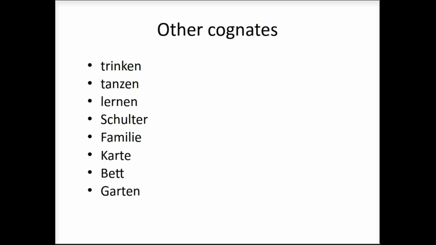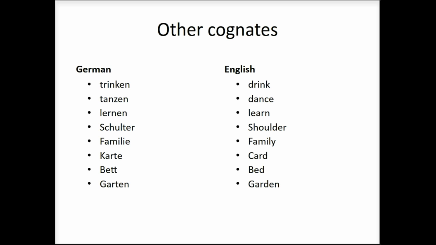In Karte, in English we also change the K to a C to get the word card, but changing the T's in Bett and Garten get us the English words bed and garden. And here we see the list of the German words we looked at the previous slide on the left and their English equivalents on the right, making the changes that we talked about previously.